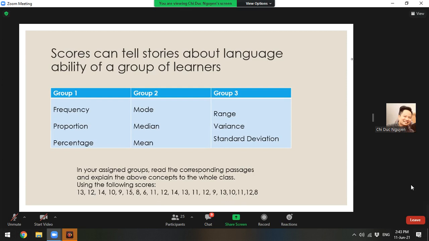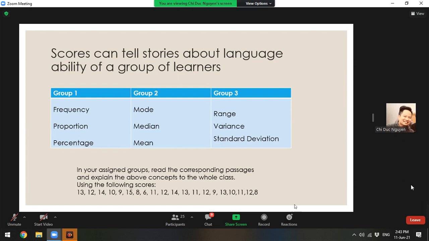Okay, so I may start with the first group. The first group we have Hải Hà, Tạ Ngọc Anh, Henry, Thu Hằng, Mỹ Phúc, and Minh Châu. So what does this mean for frequency, proportion, and percentage?